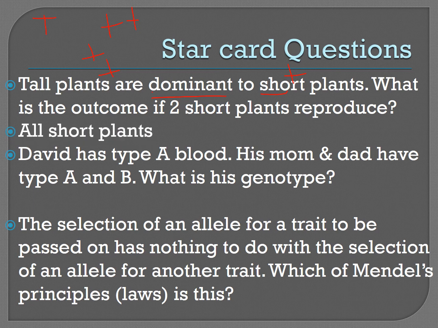David has A blood. His mom and dad have AB blood. What is his genotype? Genotype, not phenotype. Genotype will be what his actual blood type is.